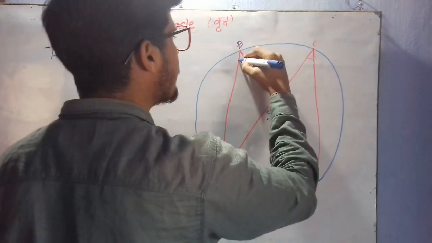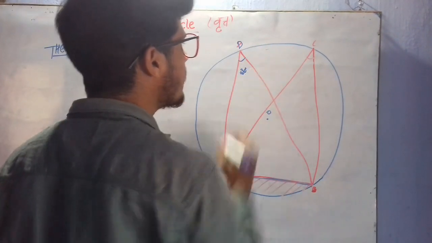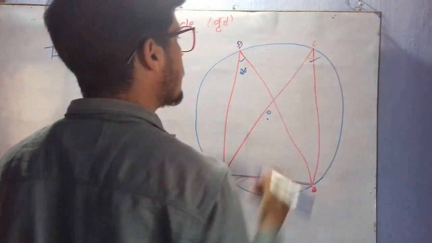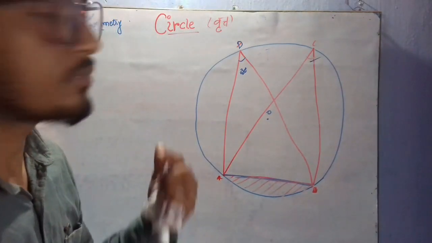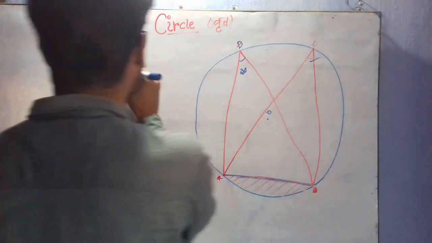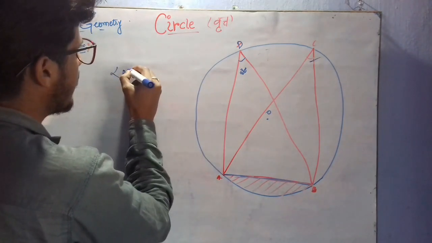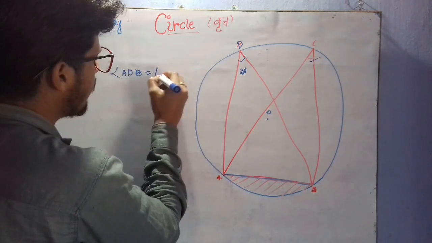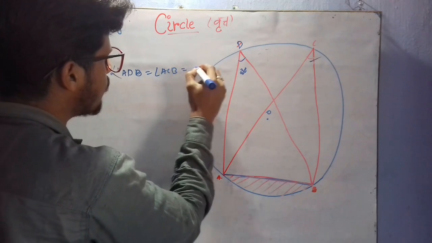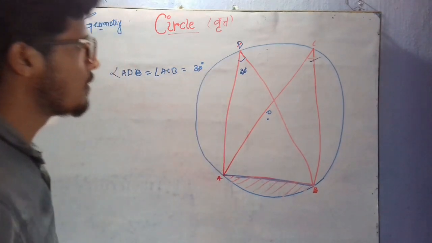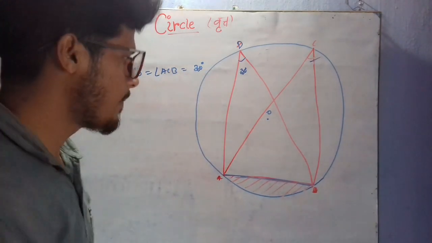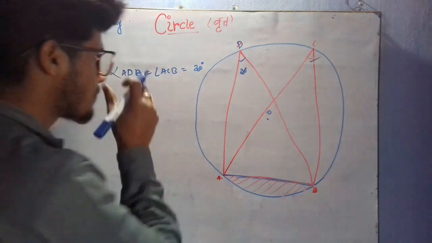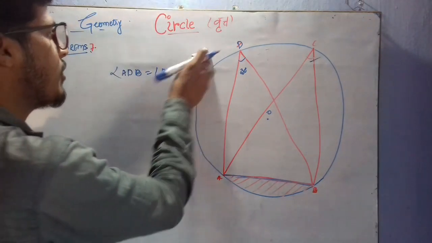If this is 30 degrees, find the value of this one. From theorem 7 we know that angle ADB will equal angle ACB. So both have the value of 30 degrees, right? Okay, now move to our next point.